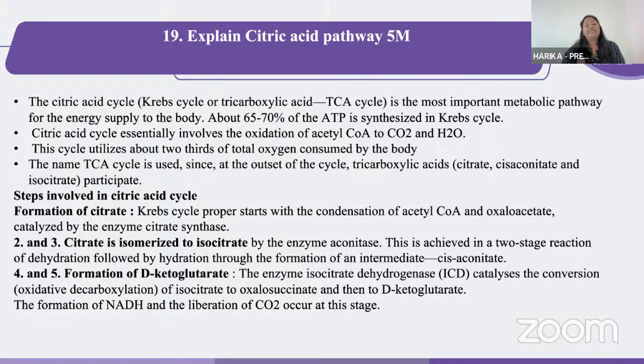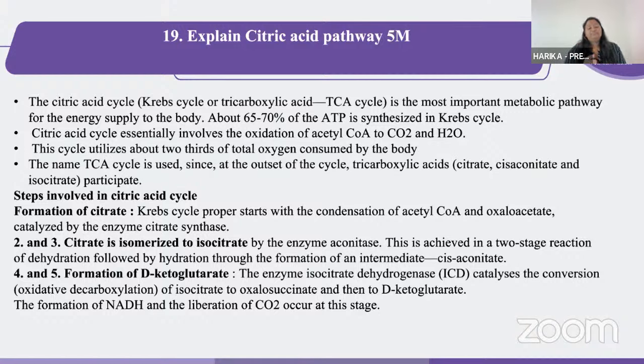About 65 to 70% of the ATP is synthesized in the Krebs cycle. The citric acid cycle involves the oxidation of acetyl-CoA to carbon dioxide and water. This utilizes 2/3 of the total oxygen consumed by the body.